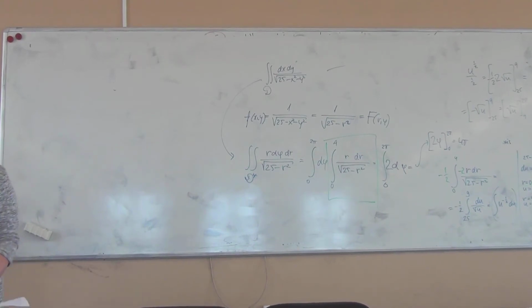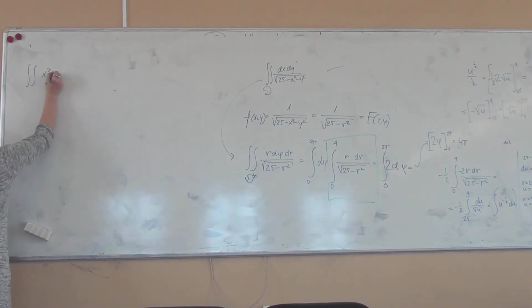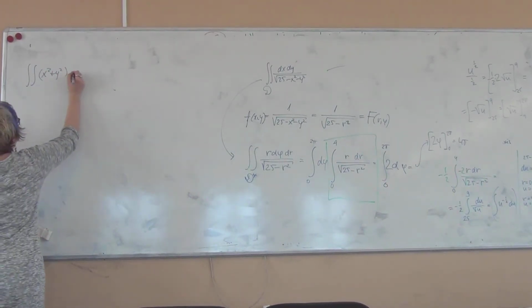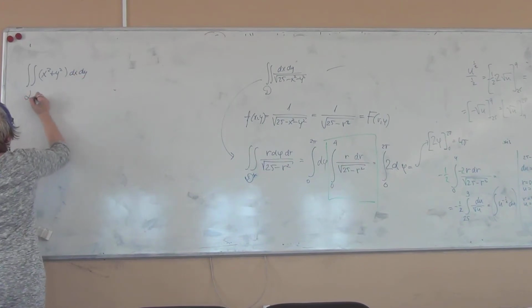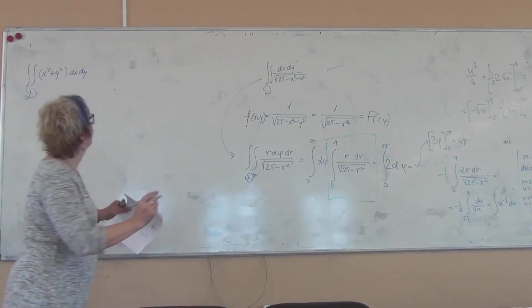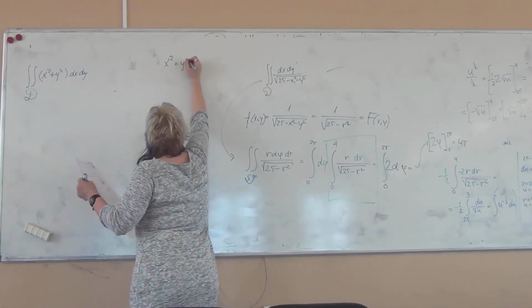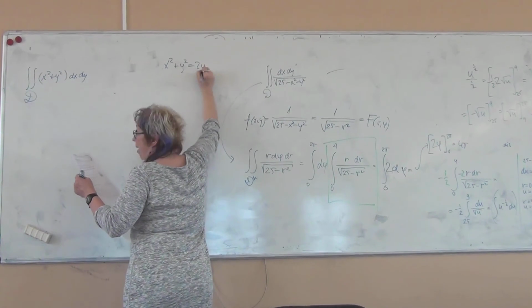Next example is to integrate x squared plus y squared dx dy. The region is given by x squared plus y squared equals 2y.